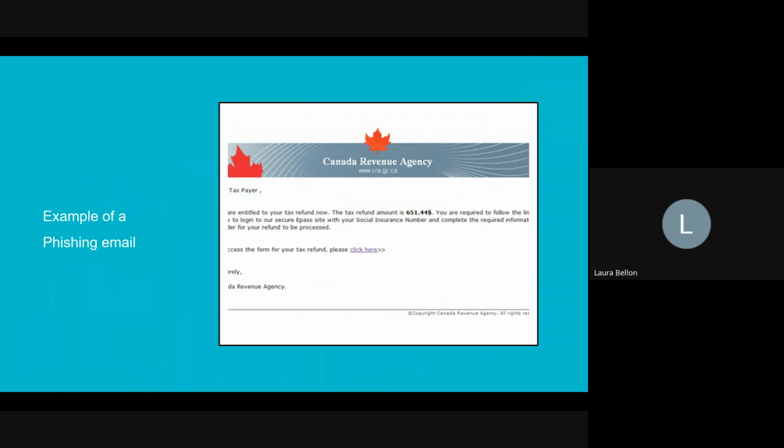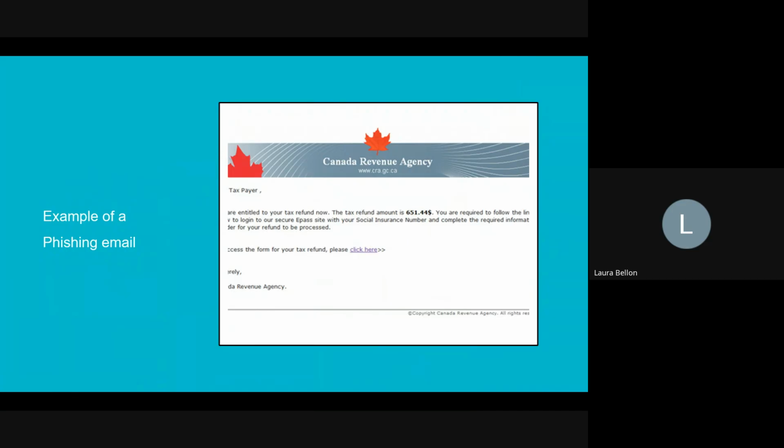So this is something that would typically be an example where it's somewhat similar. You might be fooled into thinking it is. It's telling you that there's an amount and that you're required to log in and provide your social insurance number. And you do it by clicking on a link.